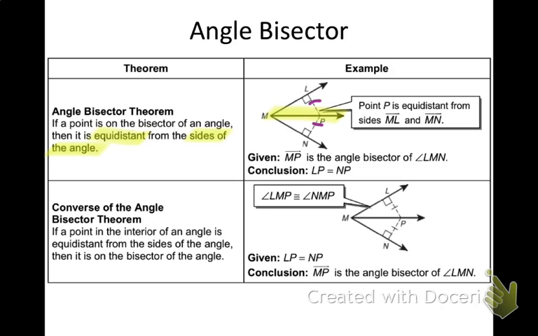Angle bisectors are the same distance. And then the converse of that is just flipped. So if a point in the interior of an angle is equidistant from the sides, then it is on the angle bisector. So if it's equidistant here, then my angle bisectors are congruent there.